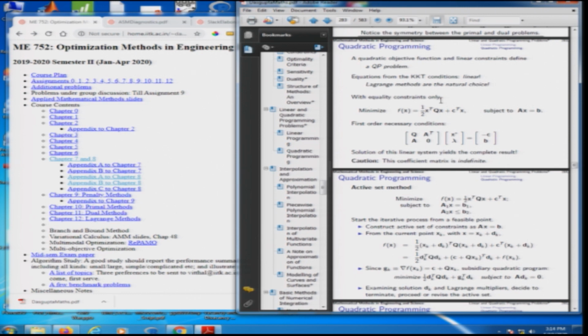Now, in this case, if the quadratic function is convex also, then it becomes a convex programming problem. Okay. So, a quadratic objective function and linear constraints define a QP problem.